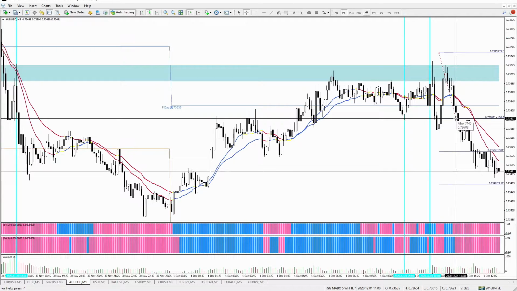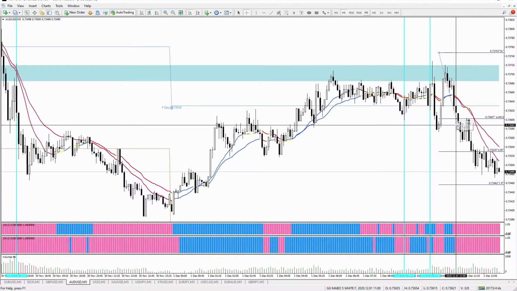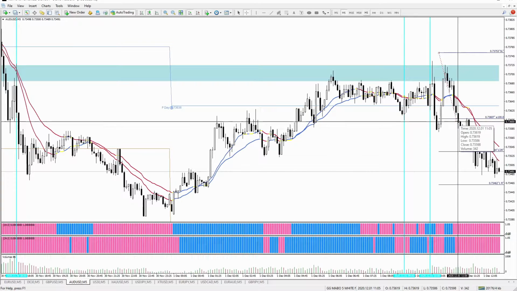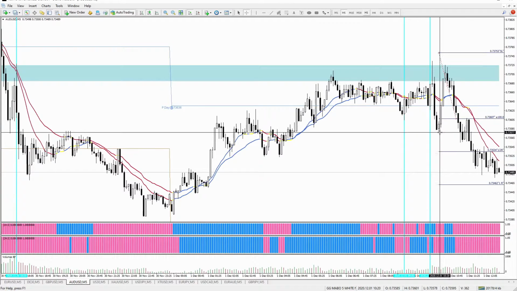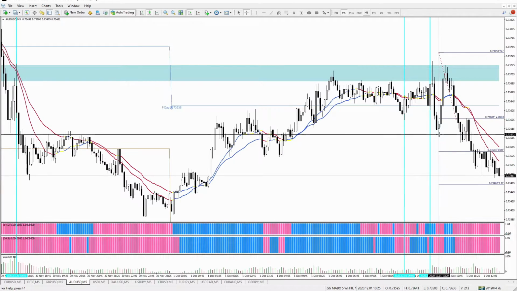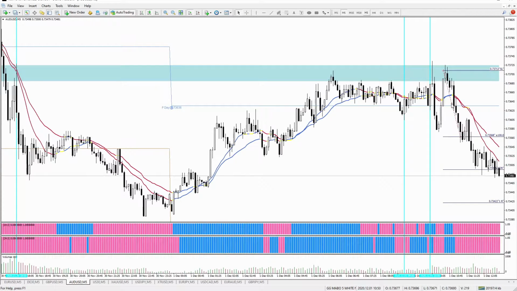Here, at this level, you have a sell signal. Again, you can't be sure that this is a good place to enter because you have this low here. A safer place would be just below this, and with a stop up here.